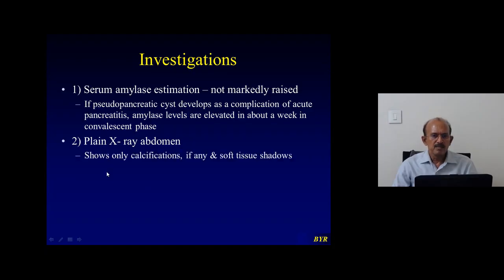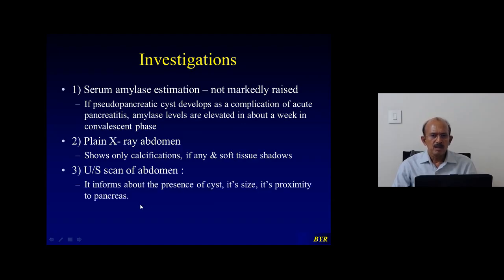Plain X-ray abdomen may show calcifications. If it is a very old cyst, there may be calcifications in the wall, and it will show a soft tissue shadow. There is not much use. Ultrasound scan of the abdomen can show the presence of the cyst, its size, and its proximity to the pancreas.